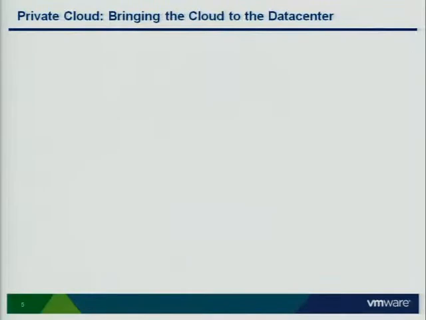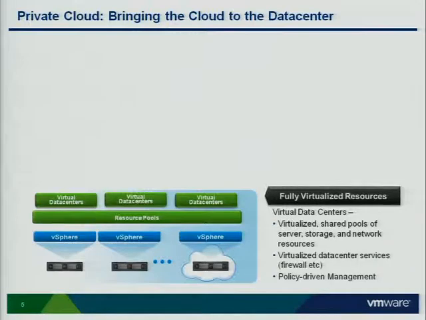Now, talking more specifically about the private cloud. VMware's private cloud vision is based on the idea that the data center of the future is becoming more of a compute factory, where each of the parts, whether it's CPU, memory, storage, network, you name it, is being virtualized, aggregated, and offered in a standardized form of services that can be easily consumed by the end users.